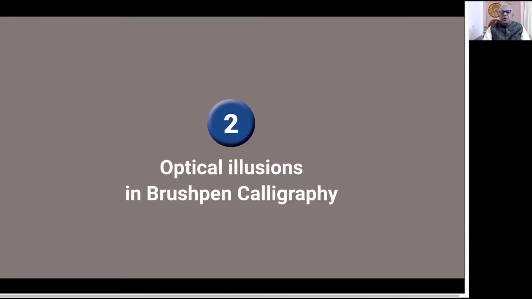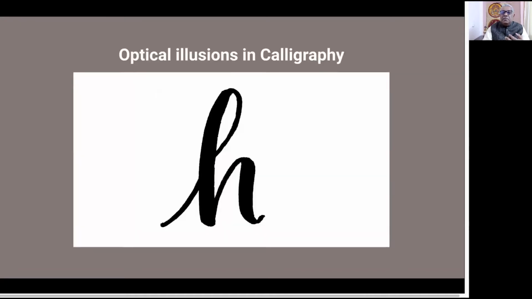I will move on to optical illusions in brush pen calligraphy. The important thing in brush pen calligraphy, as in most of the other calligraphic activities, is that these are not conscious decisions. These are all visual based decisions, many times taken subconsciously by calligraphers. But in reality, they are all doing it to compensate for certain optical illusions.